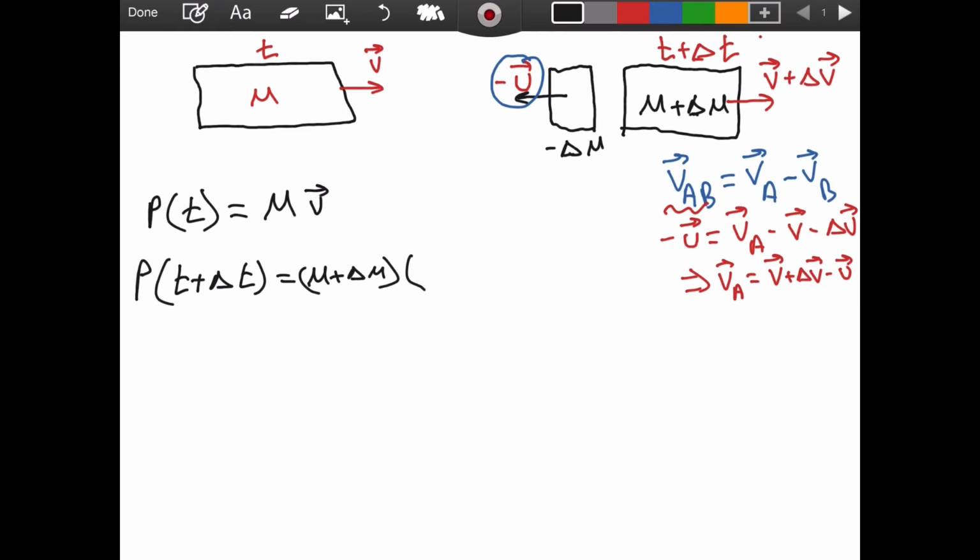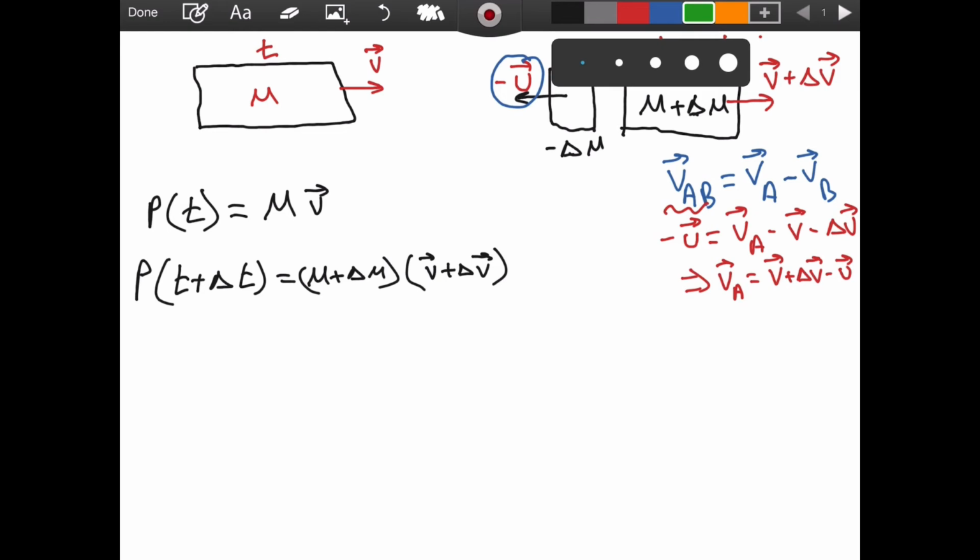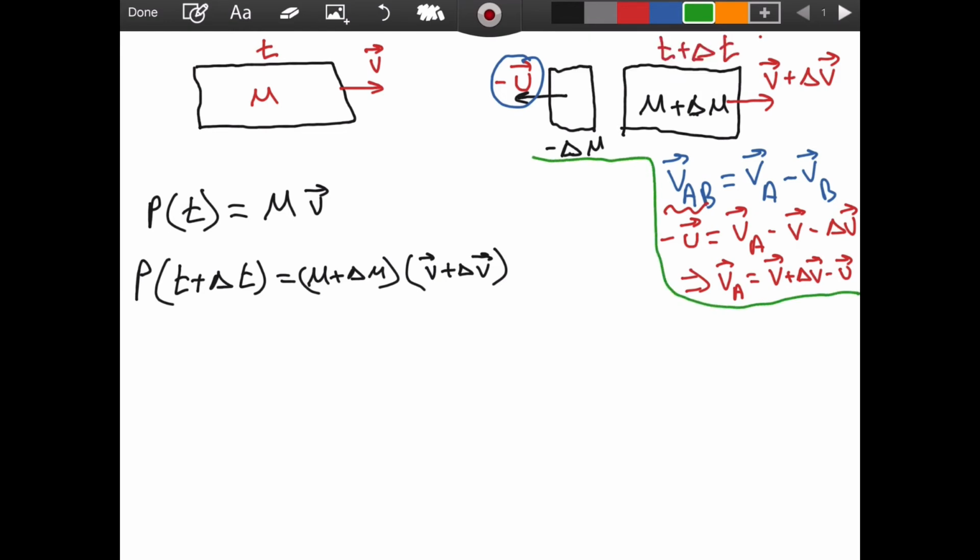Then multiply with its velocity, which is v plus delta v. Alright, and I want to separate this part. Let's not confuse it. So, cool. And now I'm going to add the momentum of our fuel. Because remember, we are interested in the momentum of the whole system, consisting of the rocket and the fuel.